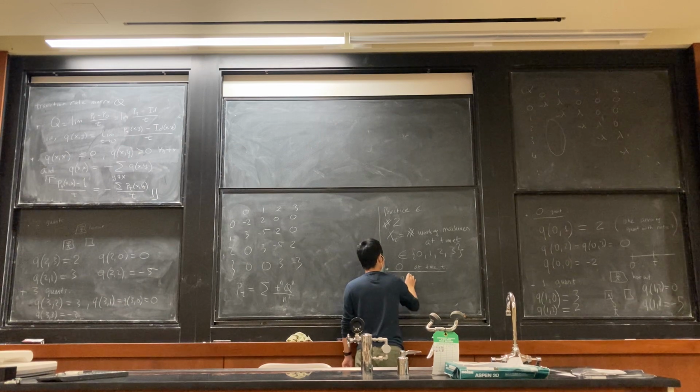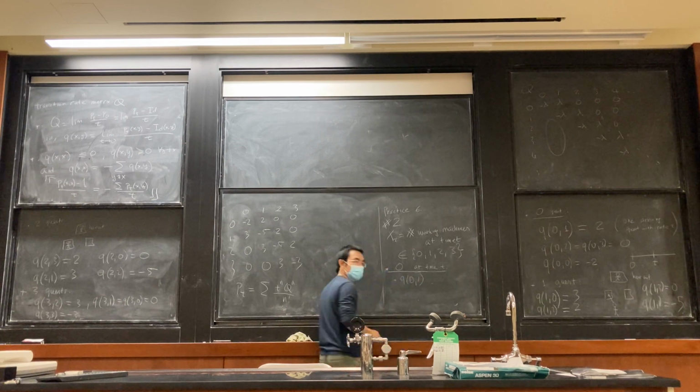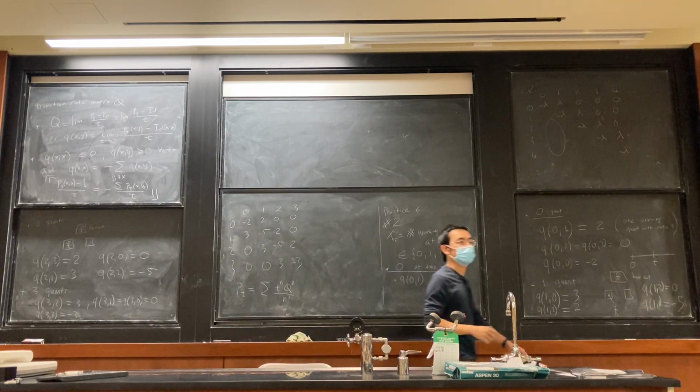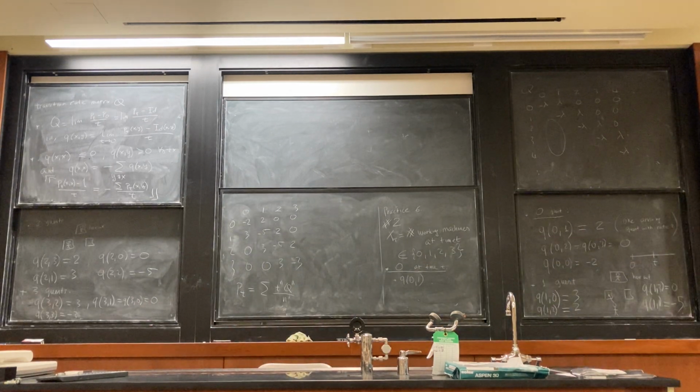Now, how can I jump from 0 to 1? How is that possible? At what rate? 1 over 2. Why is that? Because the expected value is the inverse of the rate. The expected time they fix the machine is 2 days.